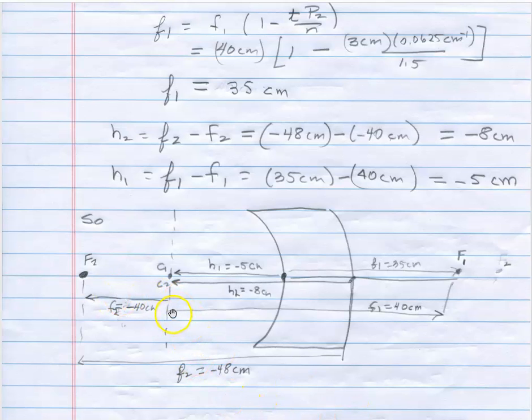Pretty obviously, this distance from here to here is 8 centimeters, and this is minus 40. Things aren't drawn to scale here, obviously. And so I get the same relationship, 8 centimeters to here, and then 40 centimeters on to get a minus 48 for F2. So either way, you're able to locate that focal point.